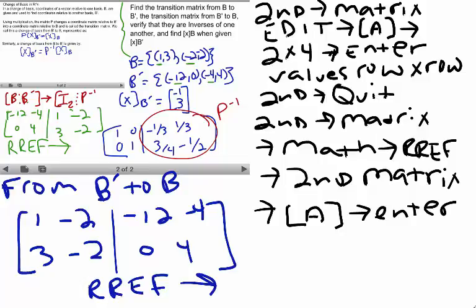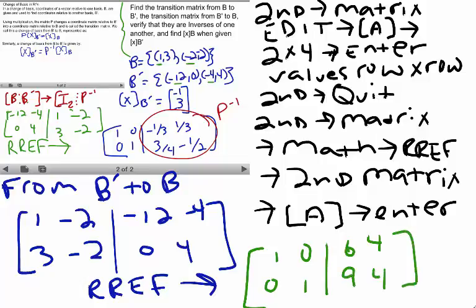Following this process will give you the result 1, 0, 0, 1, our identity matrix, and 6, 4, 9, 4, which gives us our matrix P.